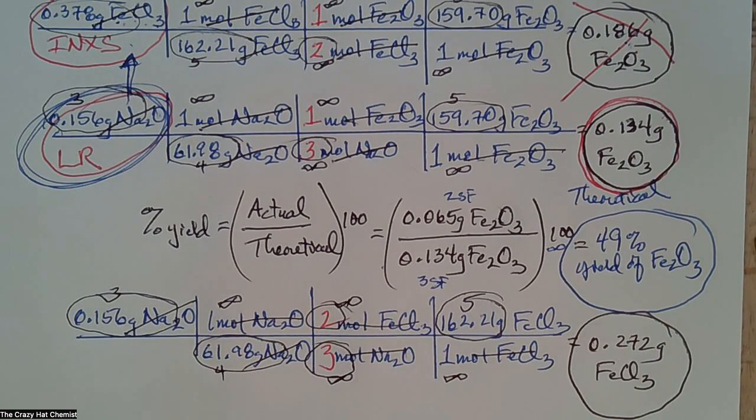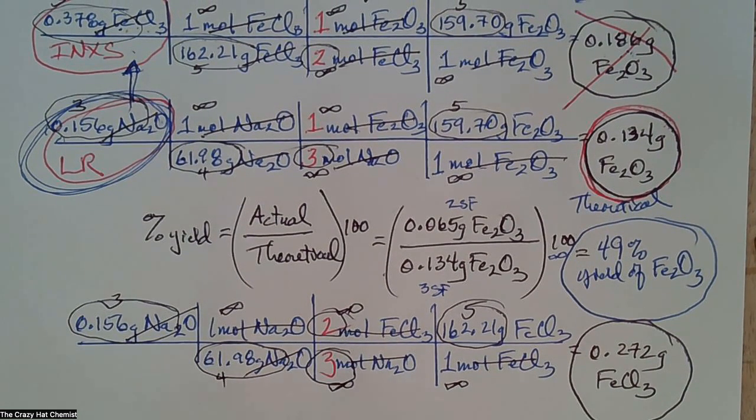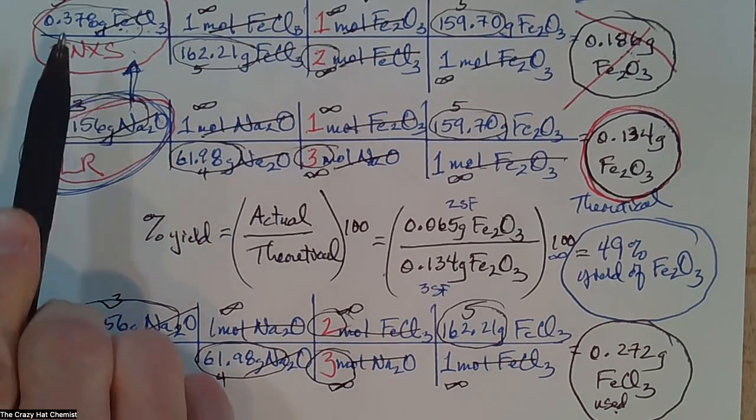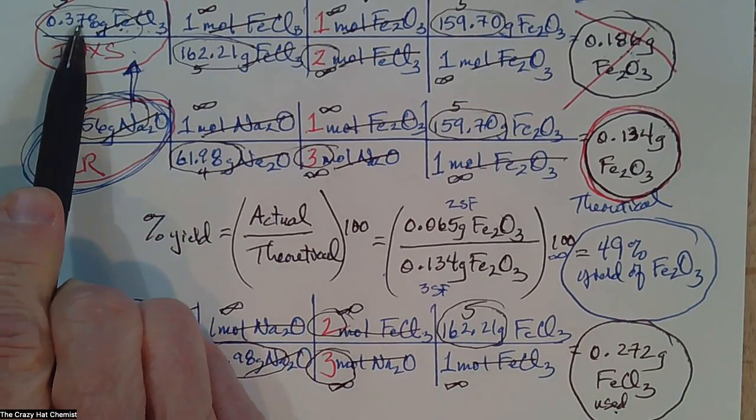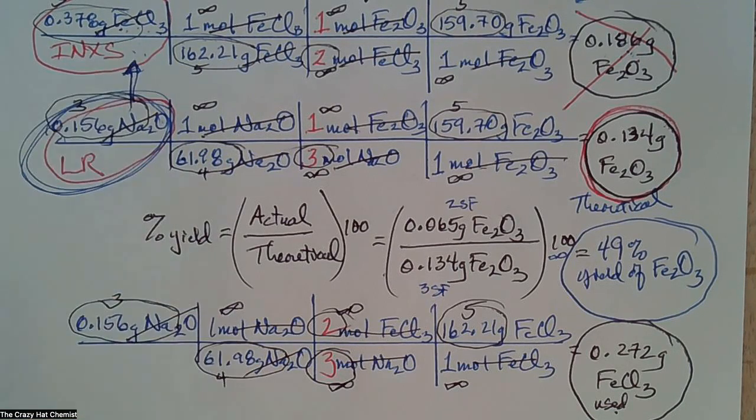Okay. So now what we need to do is take a look at what we have here. How much ferric chloride was used? 0.272 grams of ferric chloride was used. How much ferric chloride do I have? 0.378 grams of ferric chloride.